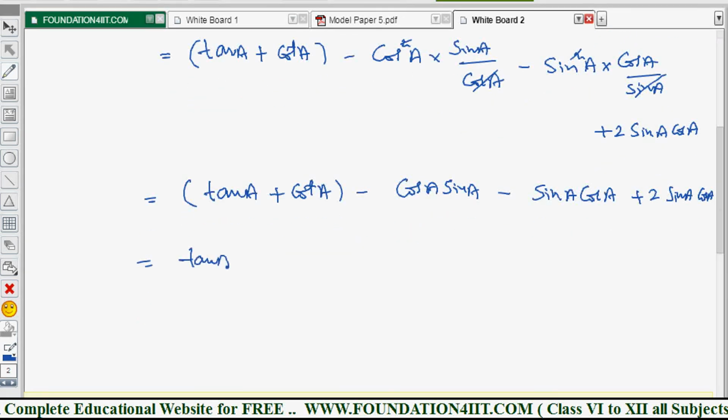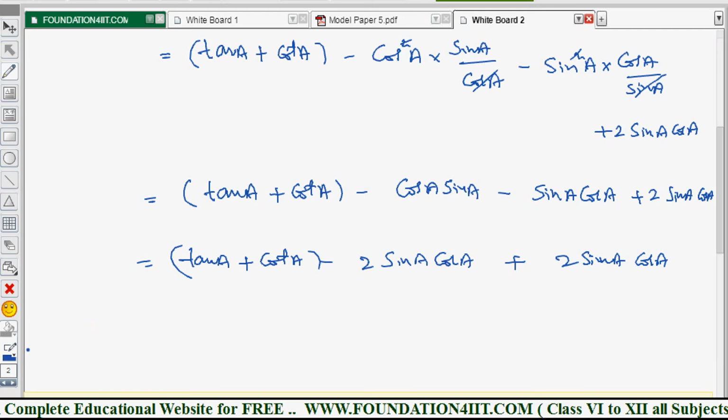So in this bracket tan A plus cot A is as it is, minus cos A sin A and minus sin A cos A, both are the same, and that you can write as 2 sin A cos A, plus, and the last one is 2 sin A cos A as it is.